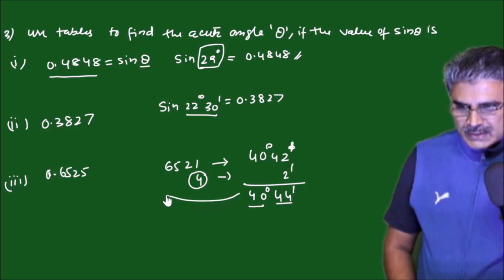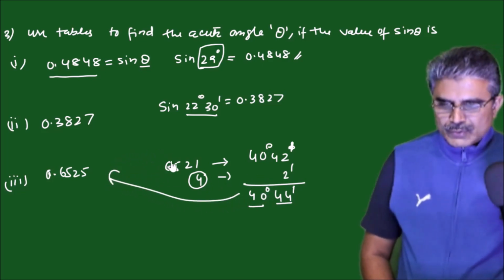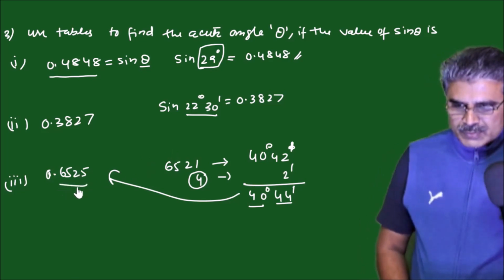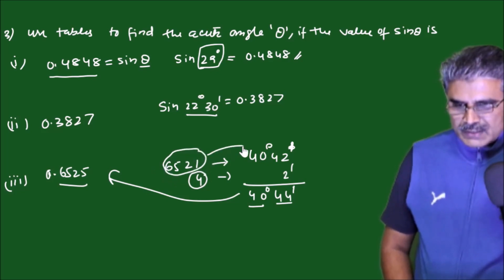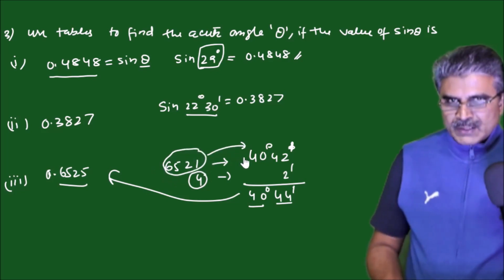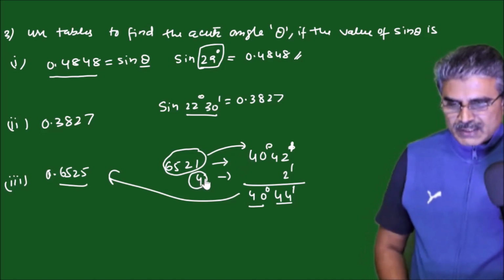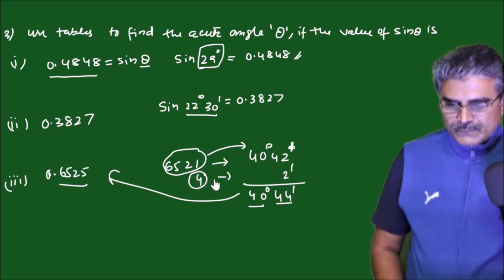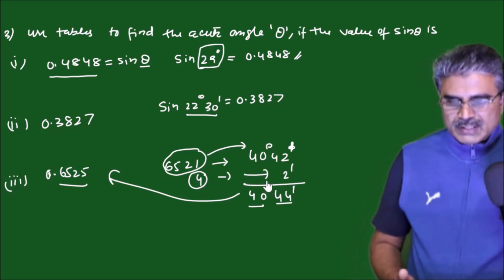For that, if you find the sine, you will have 0.6525. So what we did here, we didn't get an exact angle representation of this value, so we split this value into two, so that the first part has the exact sine value for that angle, and the remaining 4 is a mean difference. For that mean difference we check under which minute we have it.